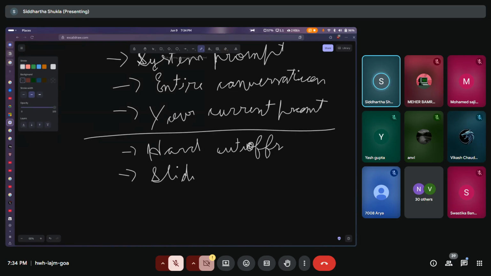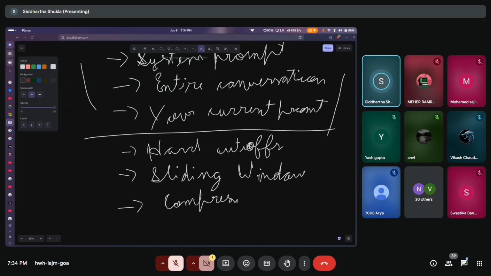The sliding window basically keeps the recent context but drops the older parts. There's compression, which helps models summarize older context, and there's sparse or selective attention. I'm pretty sure I told you about sparse attention yesterday, so here's a quick reminder.